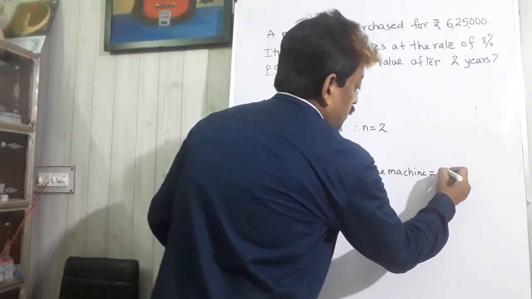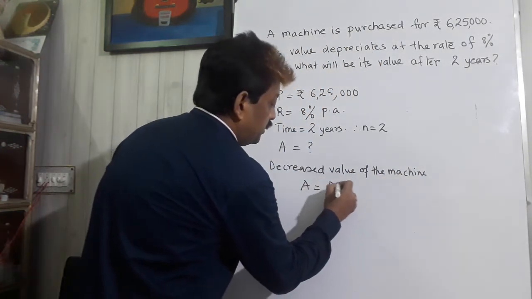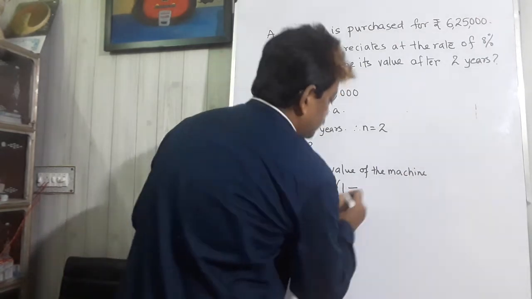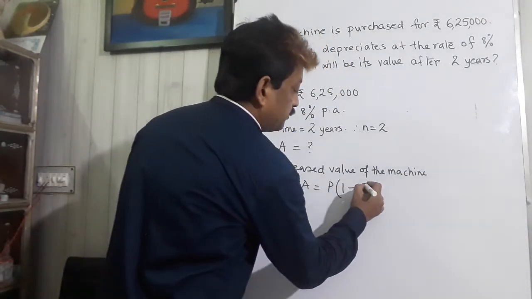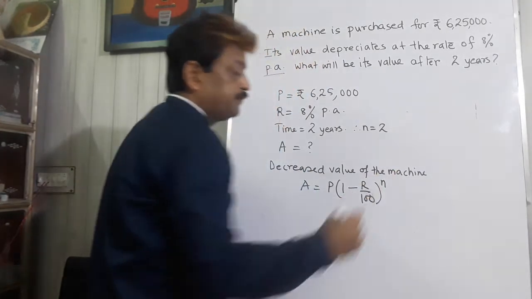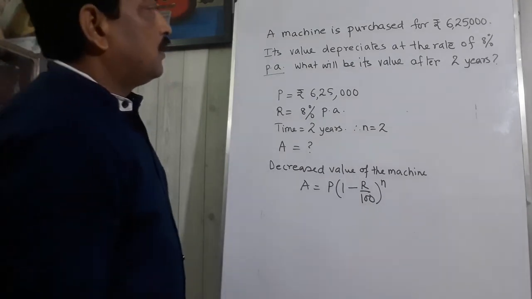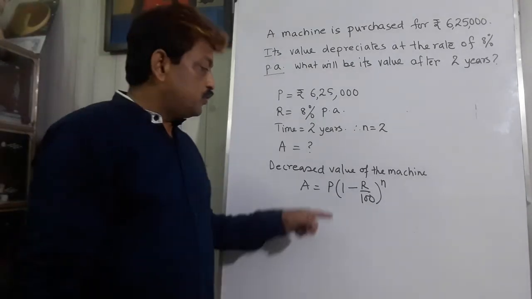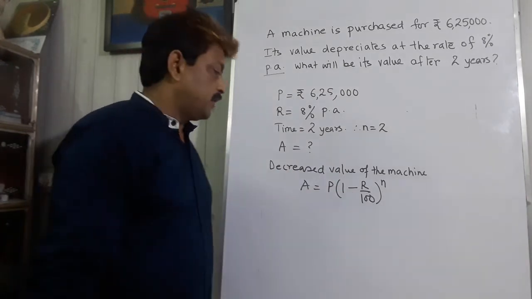A equals P multiplied with (1 minus R by 100) to the power n. Here it is minus because the value of the machine is decreasing. Okay, understood the difference? When the value increases, we put a plus sign here, and when the value decreases, we have to put a minus sign.